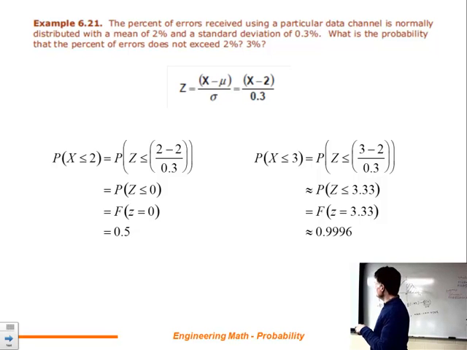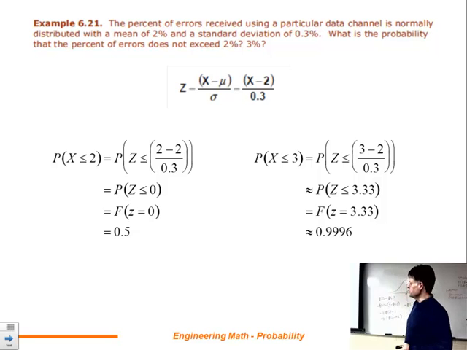The mean is 2%. Standard deviation is 0.3. 3%, that's more than 3 standard deviations away. So actually 2 standard deviations away, the probability is already pretty close to 1. 3 standard deviations away, it's even much closer to 1. We're really counting the number of standard deviations because you divide by the standard deviation.